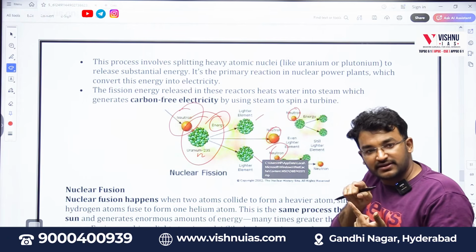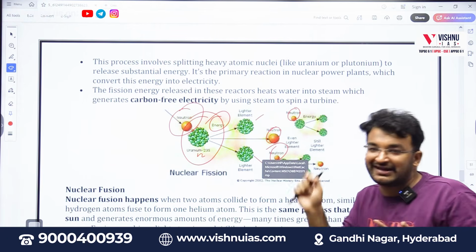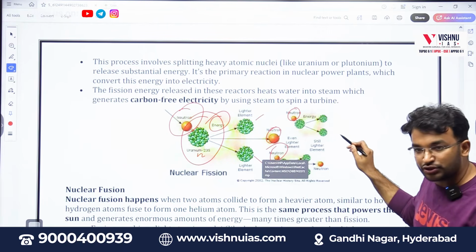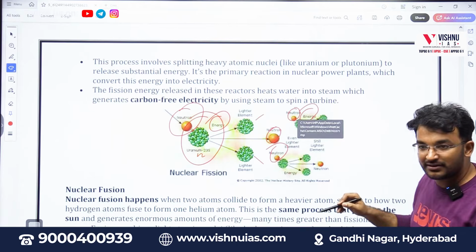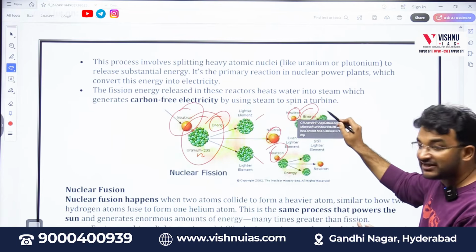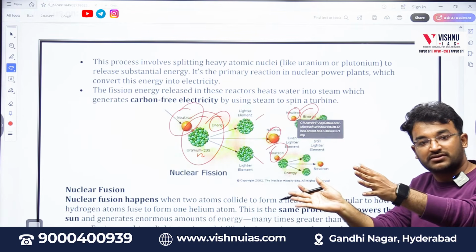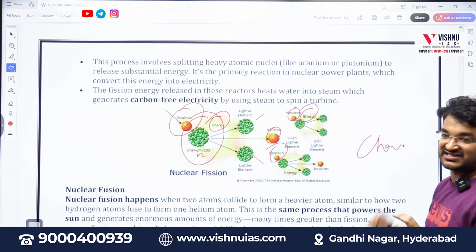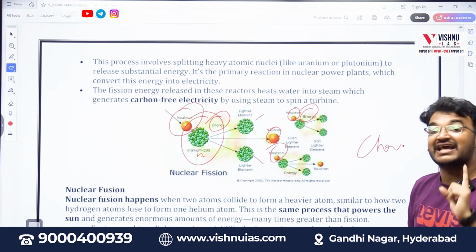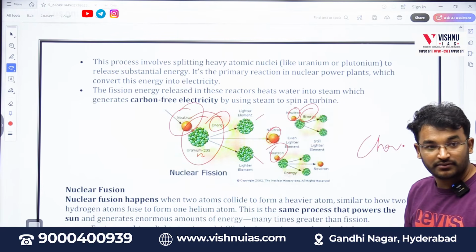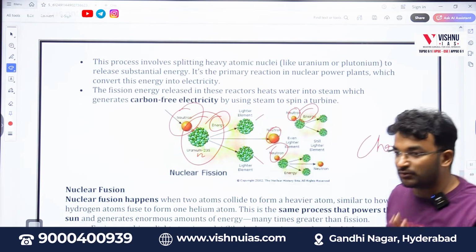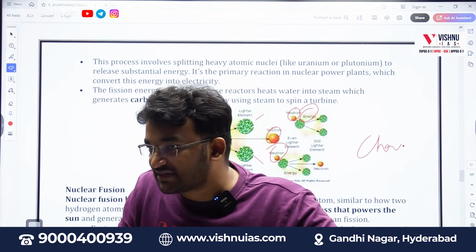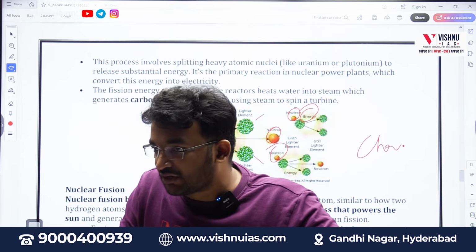Can this neutron go and hit that uranium 235 again? Can that again break into 2? Again energy will be coming, and again it will produce 3 more neutrons. Because of this we term it a chain reaction. Understood? Because the only thing we require for uranium 235 to be broken is one neutron.